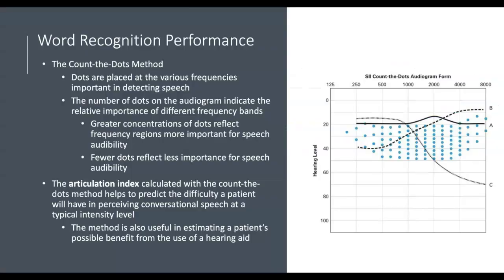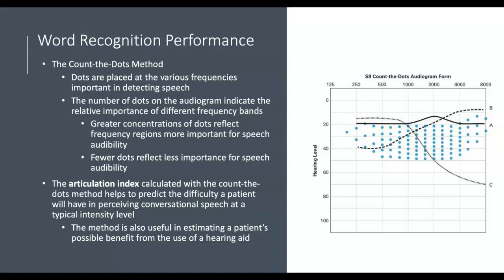This is a tool that I really like to use in clinic. It's called the Count the Dots audiogram. And so the way this works is, you've all probably heard of the speech banana, and you can kind of see the speech banana there, right? But in this case, we broke it down into dots.